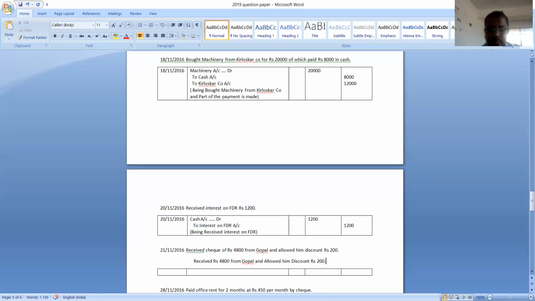See here, what is the difference between these two transactions? Here it is received check of rupees 4800 from Gopal and allowed him discount. Here it is received rupees 4800 from Gopal and allowed him discount. Both are similar transactions, but the difference is that here it is received in the form of check and here it is received in the form of cash.